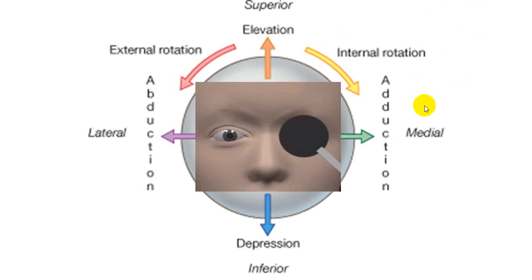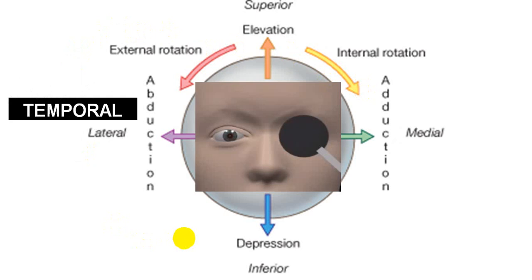You can see that this will be adduction or we call it medial, abduction or we call it lateral movement, superior movement or we call it elevation, depression or we call it inferior movement. And when it is internal rotation, we call it intorsion. When it is external rotation, we call it extorsion. These are the few words which you should be aware of and you should remember them.